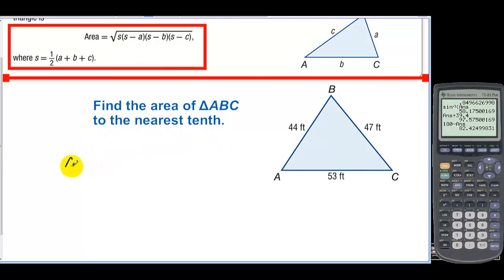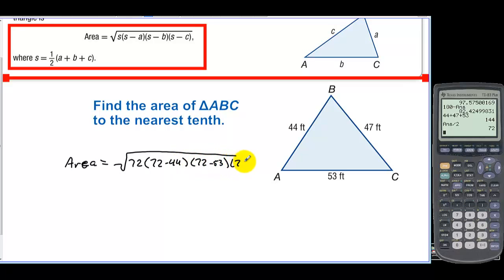So the nearest tenth, we have the area is equal to, we can start the square root, but we need the semi-perimeter. So let's take 44 plus 47, and then plus 53, and we'll divide that by 2. So the semi-perimeter is 72, so the area is the square root of 72 times 72 minus 44 times 72 minus 53, and then 72 minus 47.